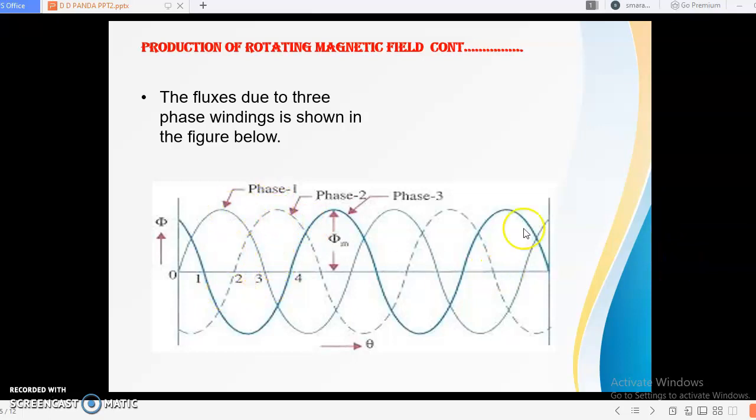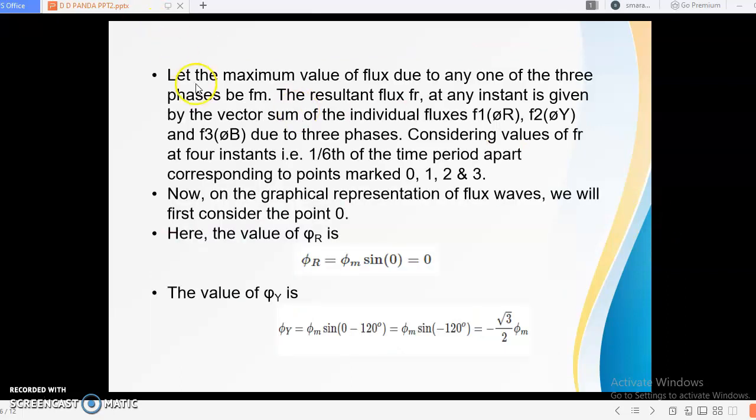Okay. So, the waveform is starting from 0. We will be deriving the resultant flux value which is to be rotated for different points like 0, 1, 2, 3 and so on. So, going forward to the derivation, let the maximum value of flux due to any one of the three phases be Fm.